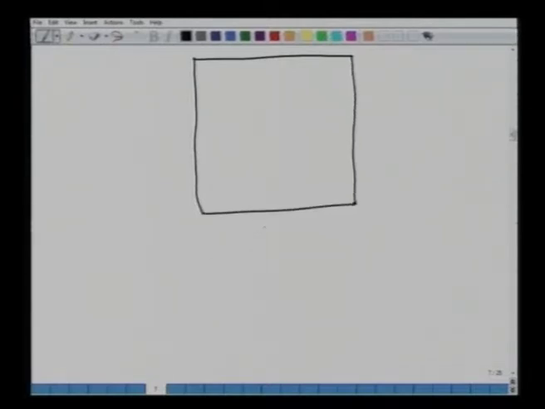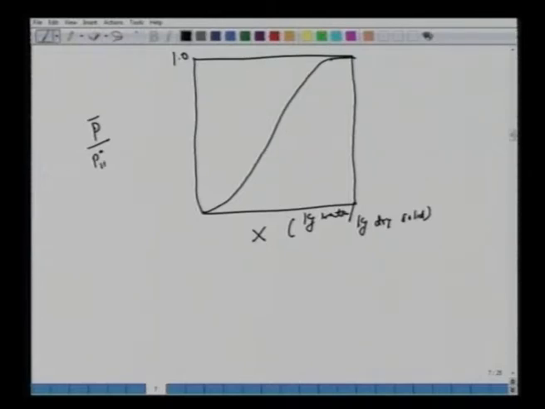So let's say again this is X, kg of water per kg of dry solid. And let's make one curve which goes like this. This is 1, P bar over P0 of H2O, pure water, like this.